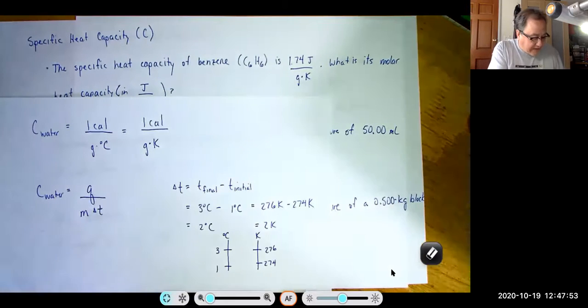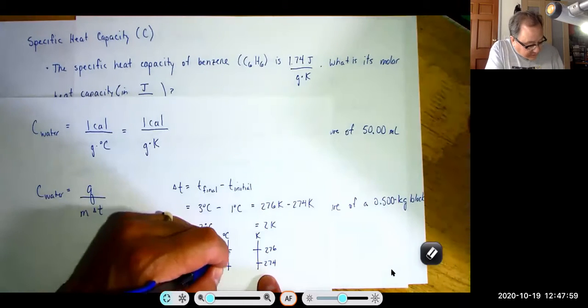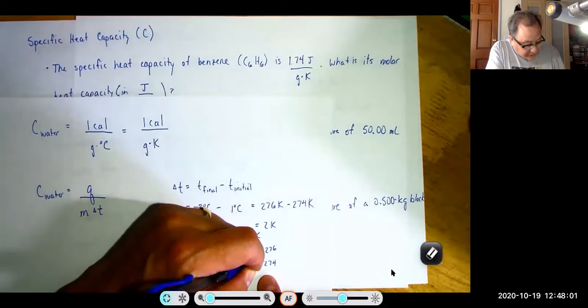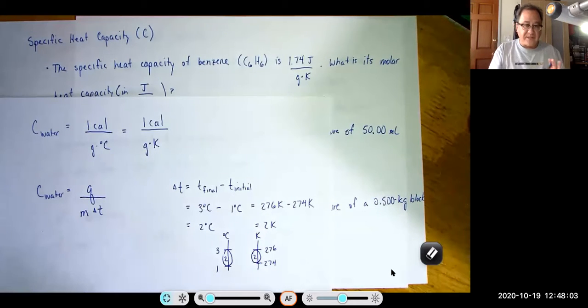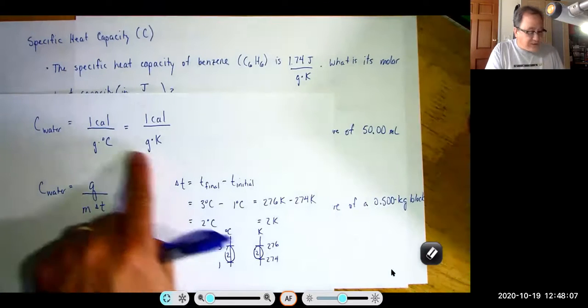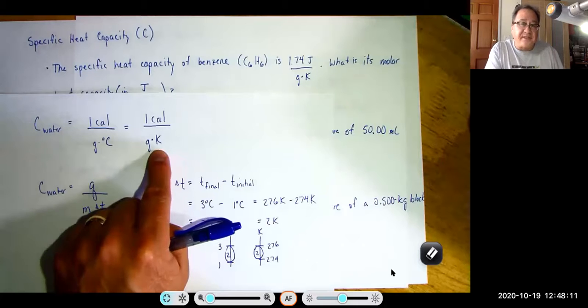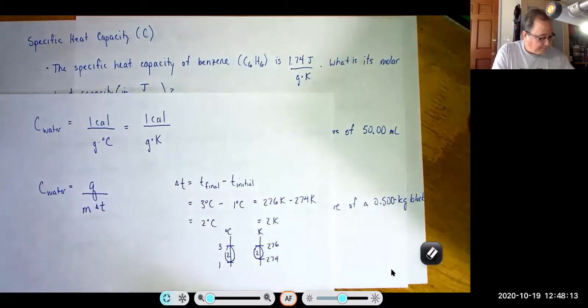So we're not saying 3 equals 276 and 1 equals 274. We're saying this difference is 2 and this difference is 2. The same difference, okay? So that's why these are equal, not because the degree Celsius equals a Kelvin, but because the change in temperature is the same.